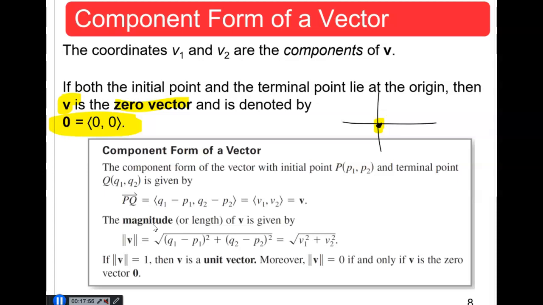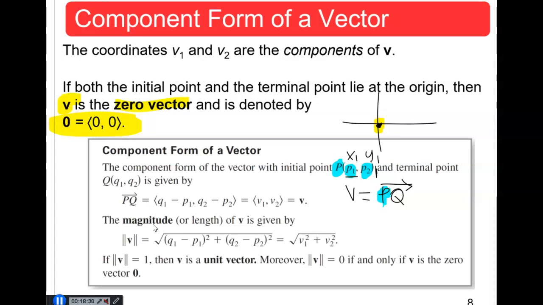If we have a vector of this form, remember we started using this type of notation. The initial point here is the capital letter P, and so we're using for the components the lowercase p sub 1, p sub 2. But I want you to think of it in terms of x and y. We're talking about horizontal and vertical components of the vector.